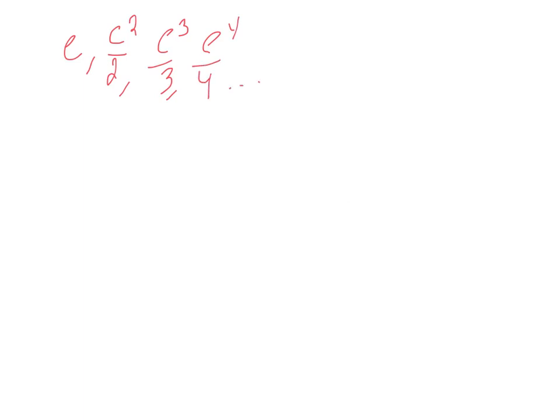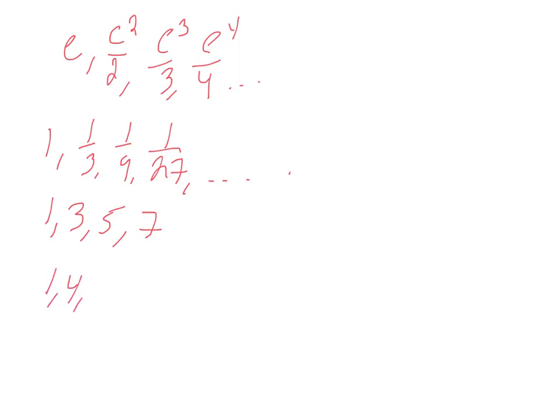Figure out what the sequence formula is for that. We have 1, 1/3, 1/9, 1/27, and so forth. 1, 3, 5, 7. Find a formula for the nth term of that sequence. 1, 4, 9, 16.